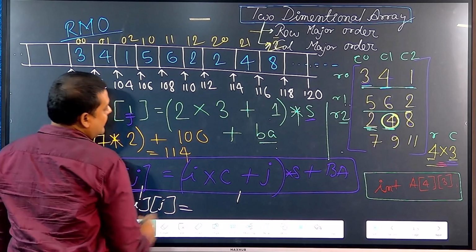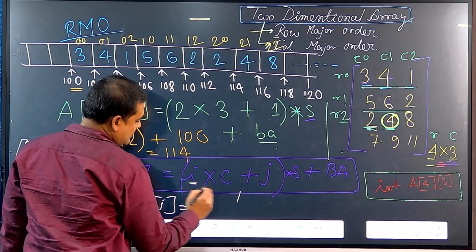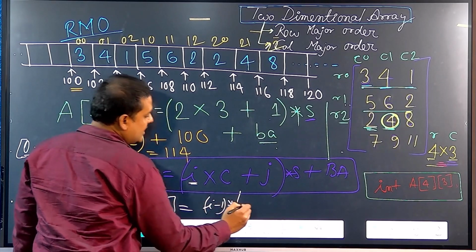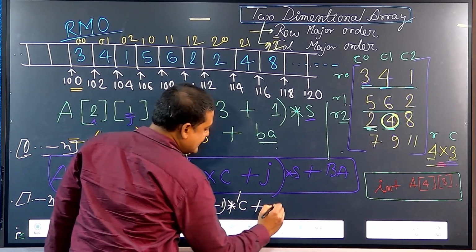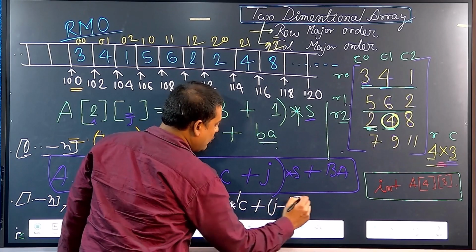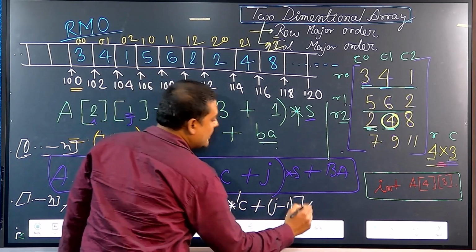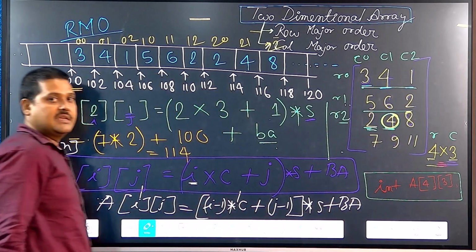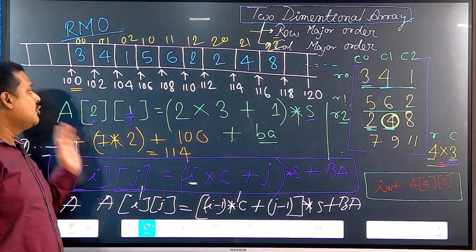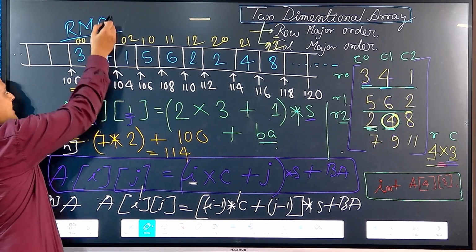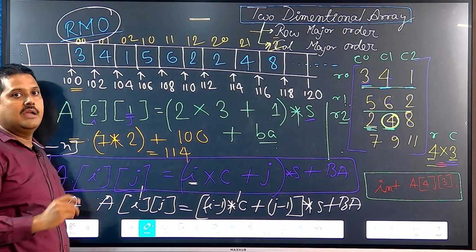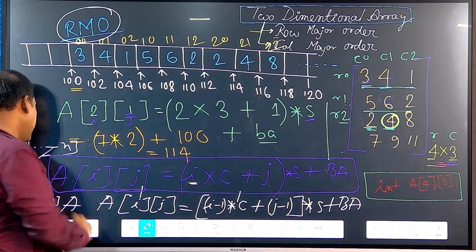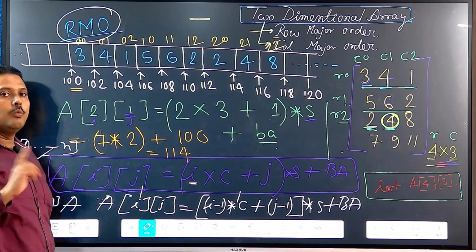Then we get the formula like this: I minus 1, into the number of columns, plus J minus 1, the whole into size plus base address. This is the case of row major order, where we store the elements in row major order, with the index starting from 0 in one case and from 1 in the other.